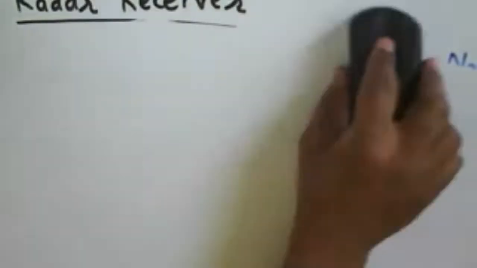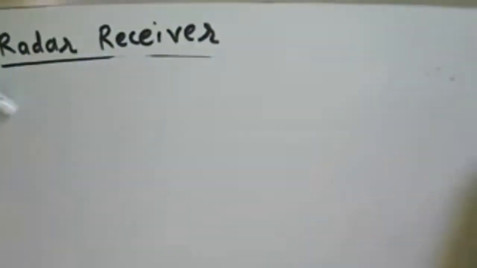So now we see the noise figure for a cascaded network.